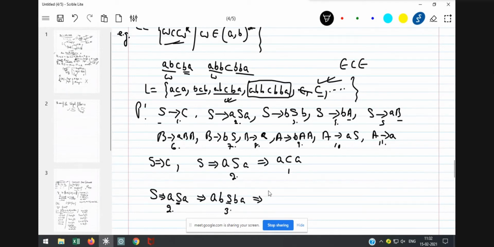Next one is, what was my target? A, B, B, C, B, B, A. So A, B, B, C, S, B, B, A. This is using 2 again. Next one is A, B, B, A, B, B, C, B, B, A.